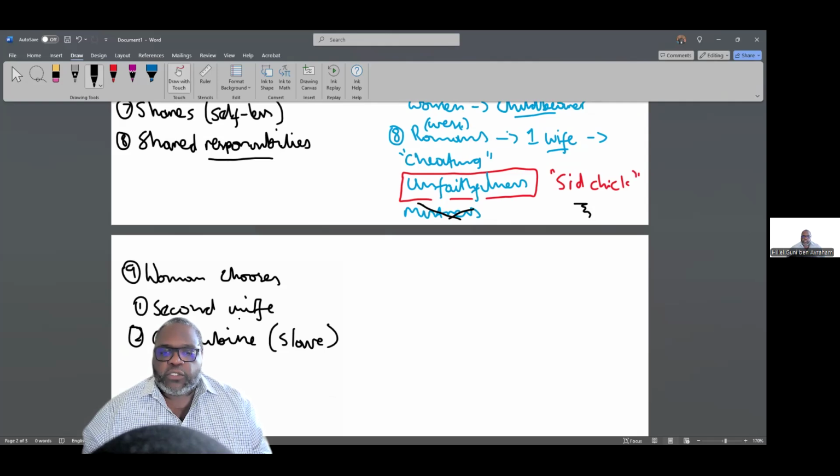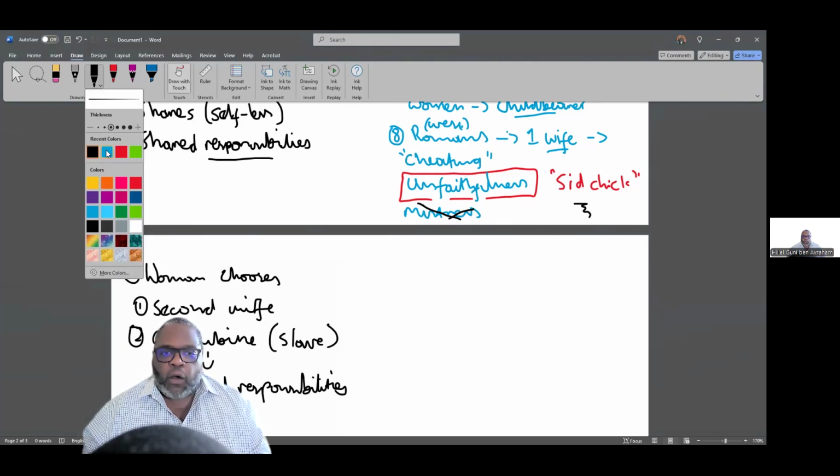So the woman in the East chooses the second wife and the concubine, because the concubine has to assume all sexual responsibilities if the woman of the house is not able to provide that to her husband. This could happen because of hormonal changes or because she has too many responsibilities.